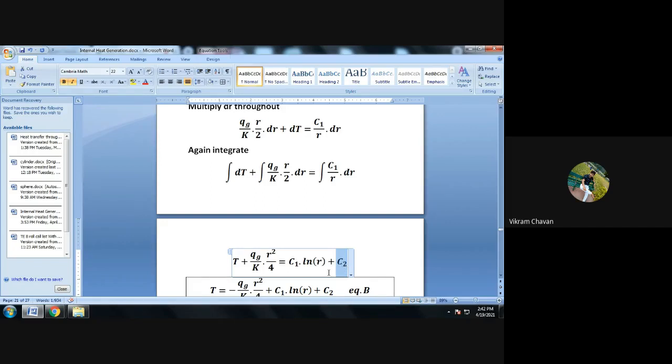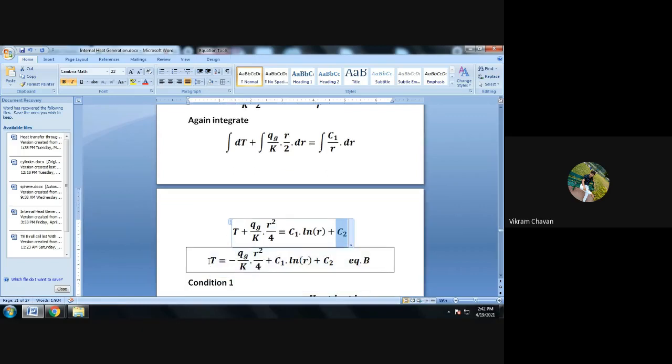Convert this equation in the form of T. That will be the general heat conduction equation for cylinder with constants. Further, we have to apply the boundary conditions and find out the C1 and C2 values.